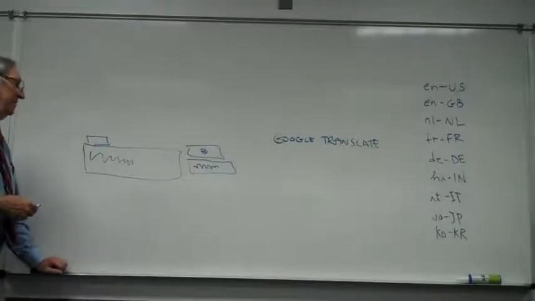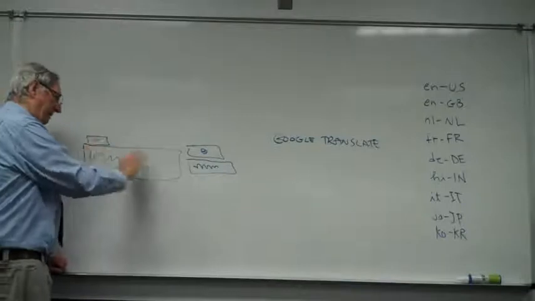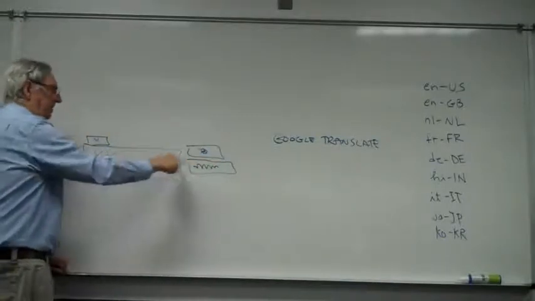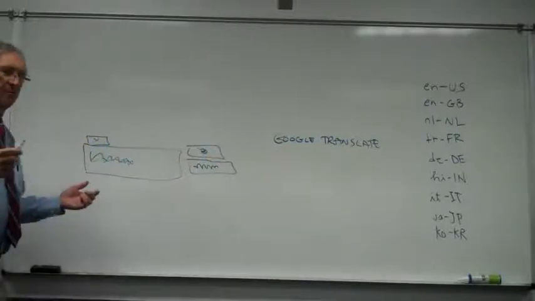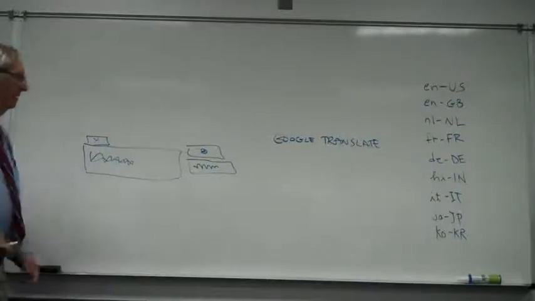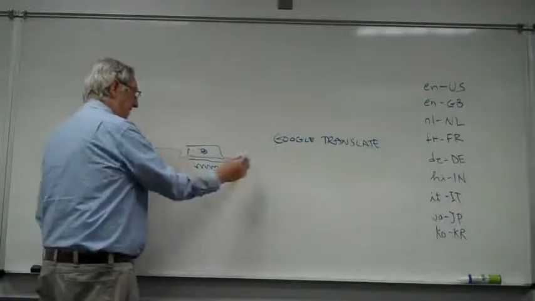Okay. Basically, the idea is that you can set the language you're coming from, whatever you're going to type in here. You can set the language you're going to. Then you just start typing, and the stuff will come out over here. If you don't have much room in your text area, you only have a little box there. So basically, type what you want, and over here it'll come out. Then just select this.